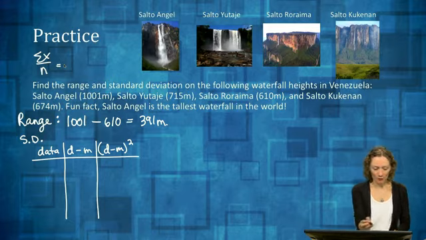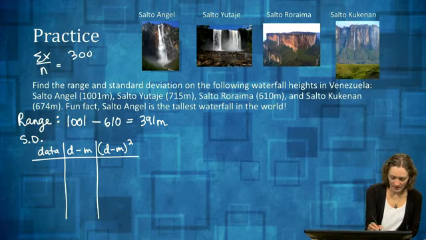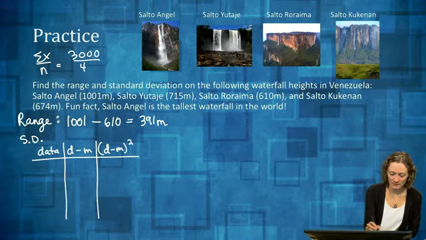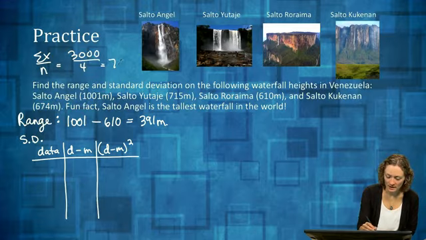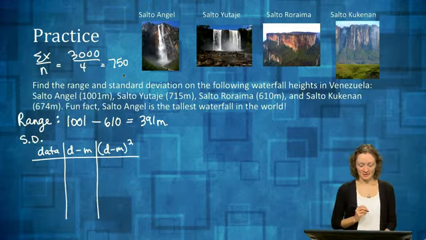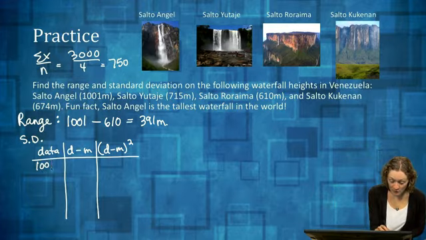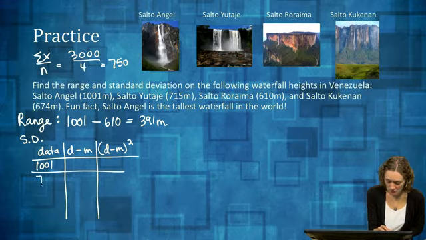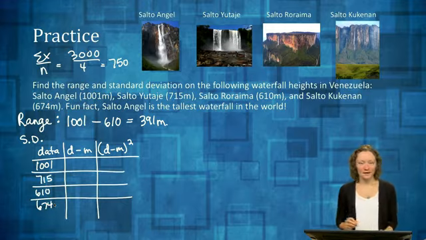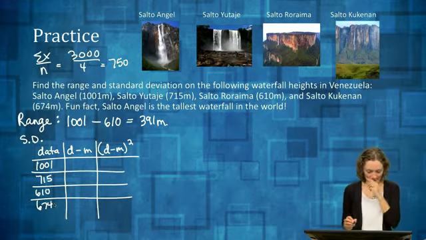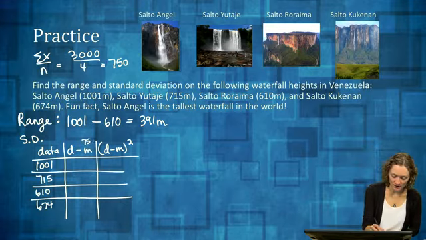If we add up all 4 of those, we get a nice number of 3,000 divided by the 4 data points gives us 750 as the mean. All right, so our 4 data points, if you put them in order, that's fine. It doesn't really matter when you're doing this computation because you're going to do all of them separately. And 674.